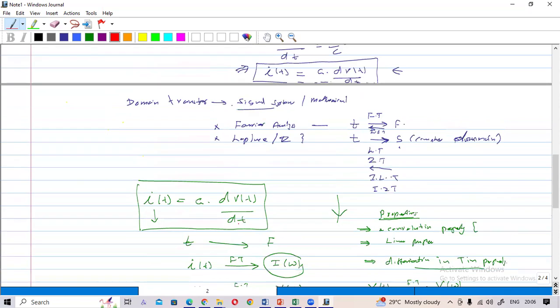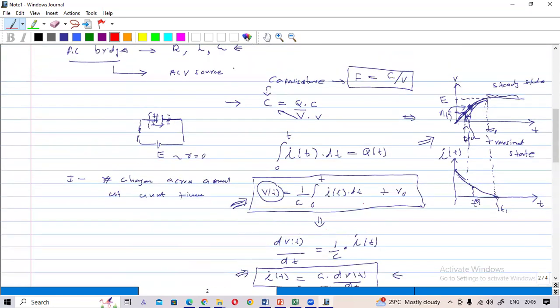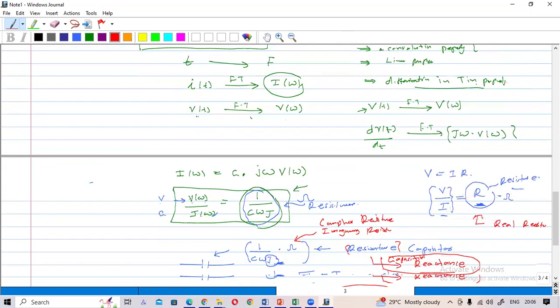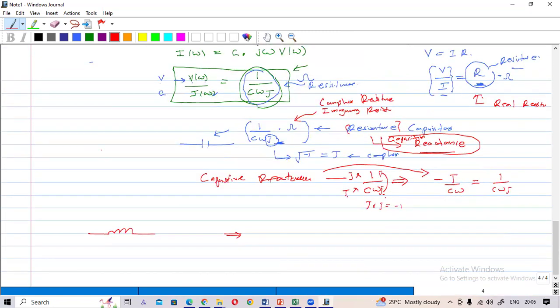Vice versa means this is the voltage curve of the capacitor, and for the inductor, the same type of curve you will get for the current. So I will write it here.